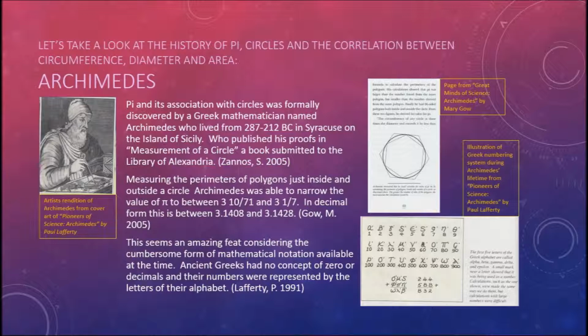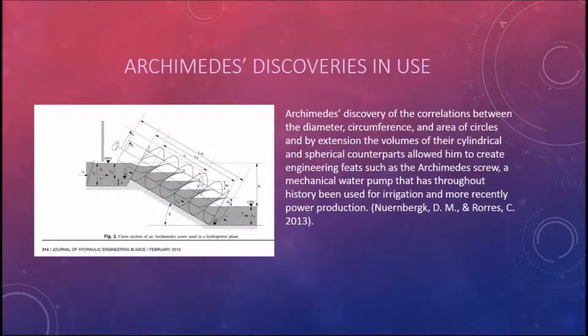As you can see, I have added here an artist's rendition of Archimedes at work and a diagram of how he arrived at his calculations for the value of pi, as well as a description of the Greek numbering system and some examples of how they did their math.